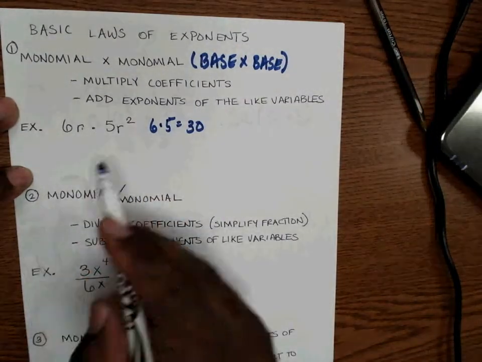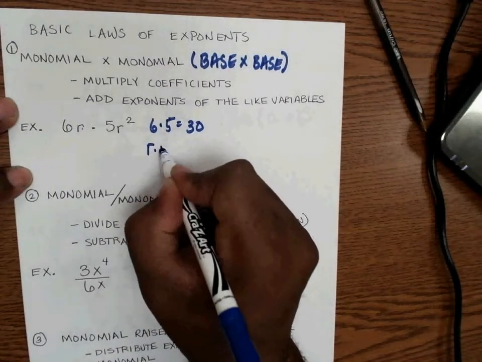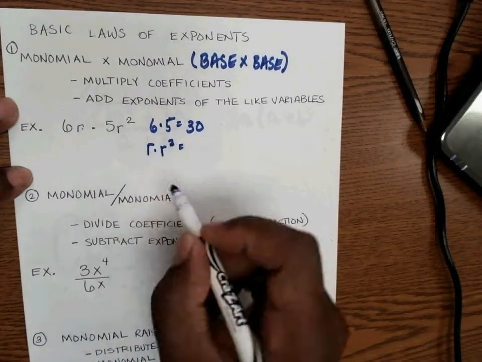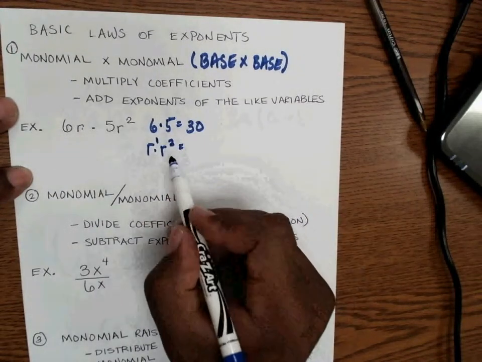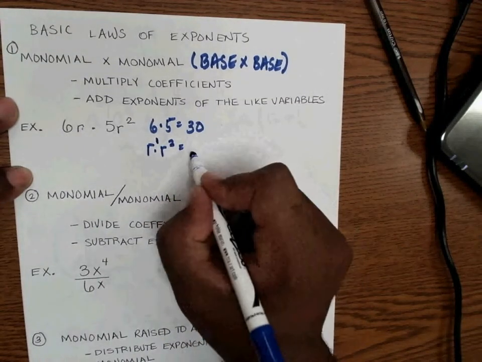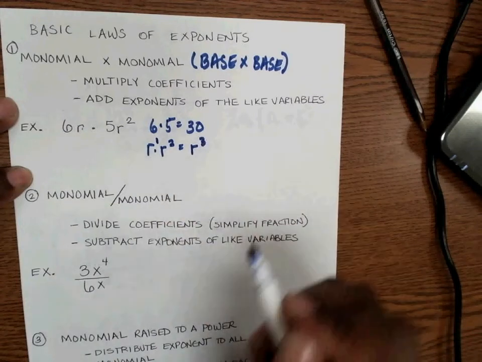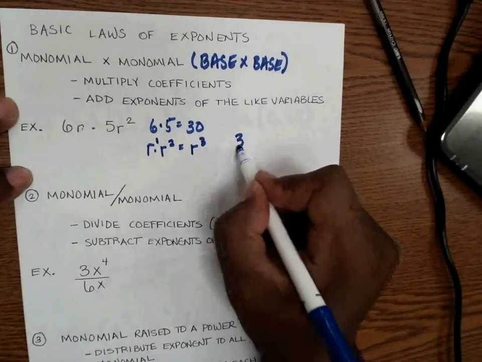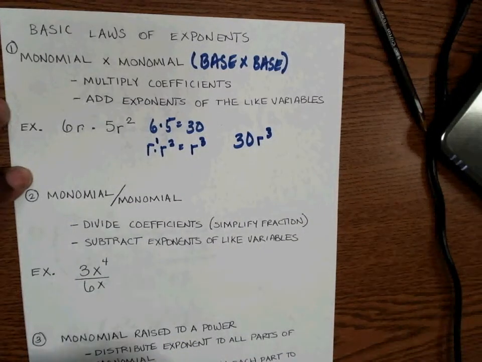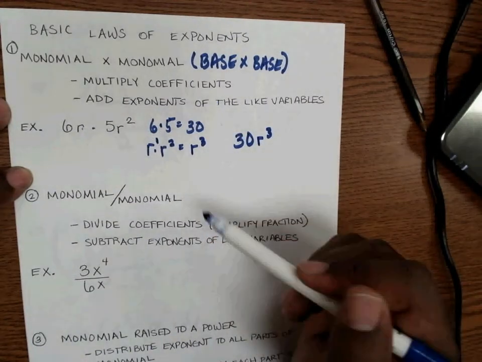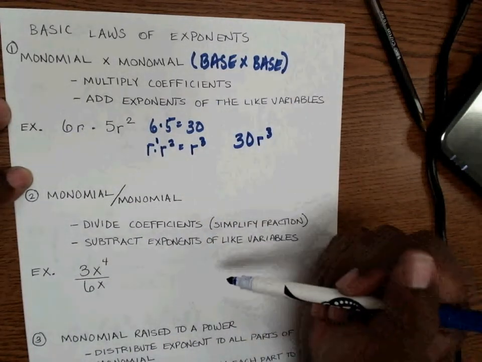And as far as adding the exponents, we have r times r squared, and this r is considered to have the exponent of 1. 1 plus 2 would give me r to the third, giving us our answer as 30 r to the third. And that is multiplying a monomial times a monomial, or base times base.